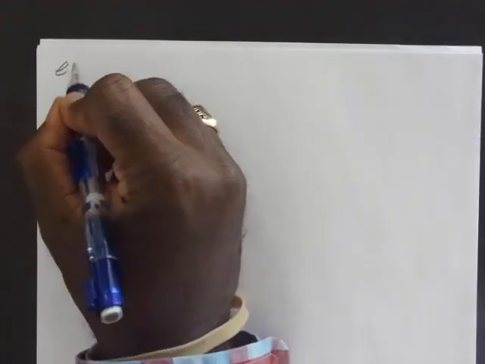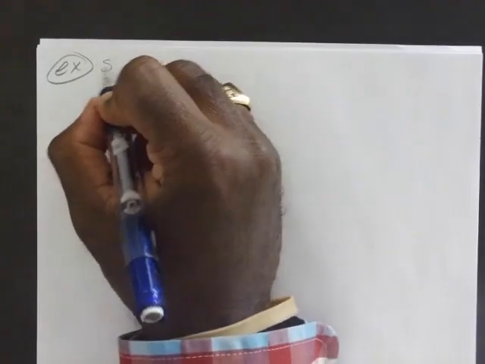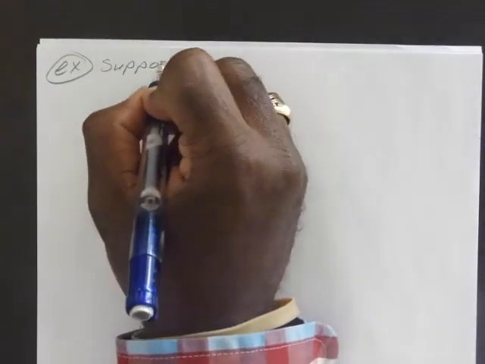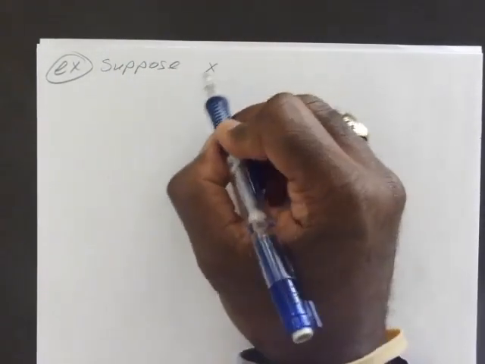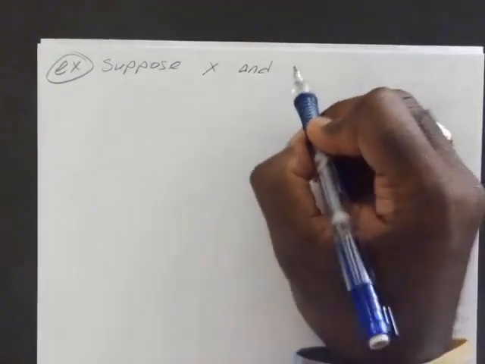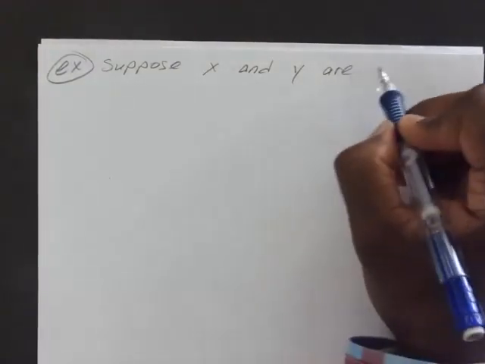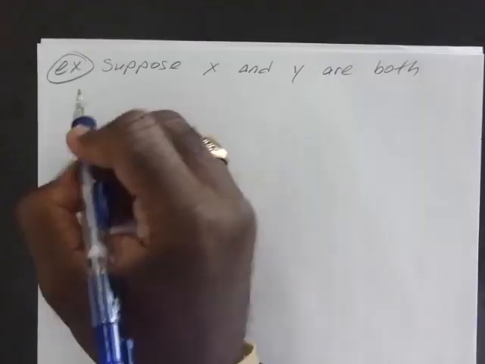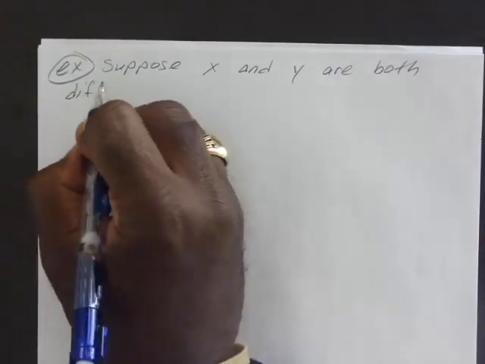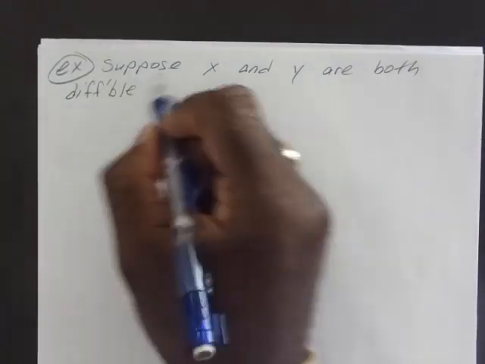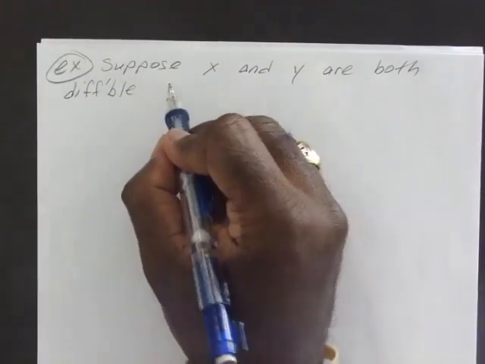Okay. So let's say, for example, suppose that x and y are both differentiable functions of t, which means the derivative exists.